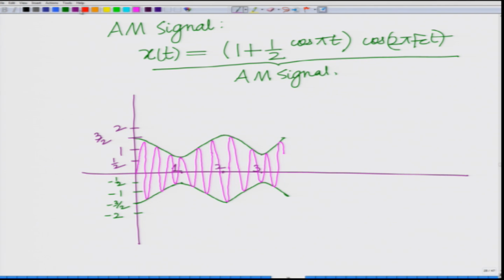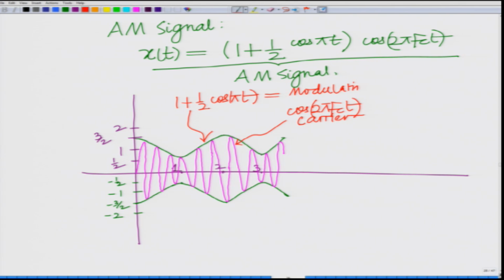What is this? This is basically your cosine 2 pi fc t, this is the carrier, and this is 1 plus half cosine pi t, this is the modulating signal.